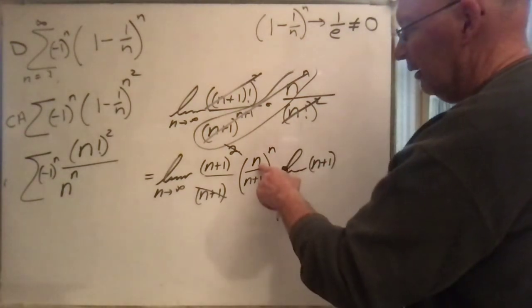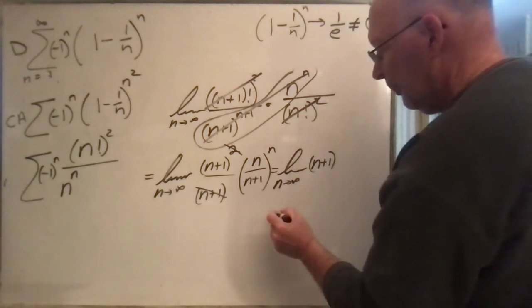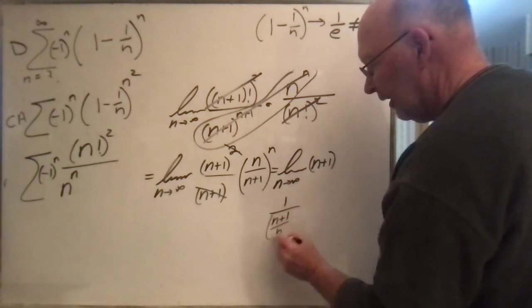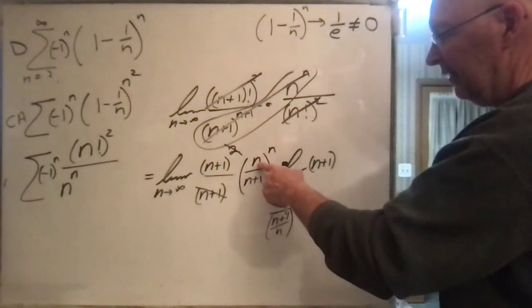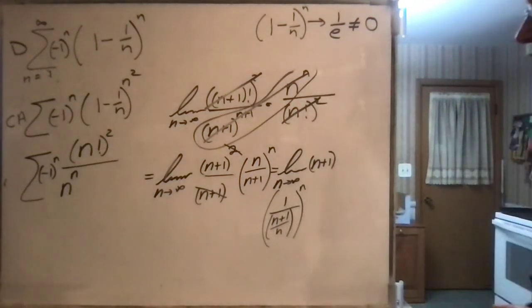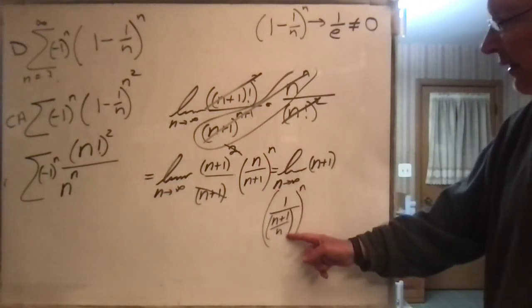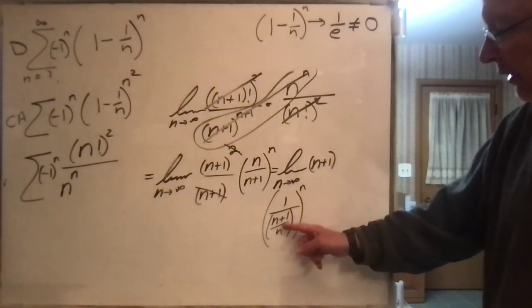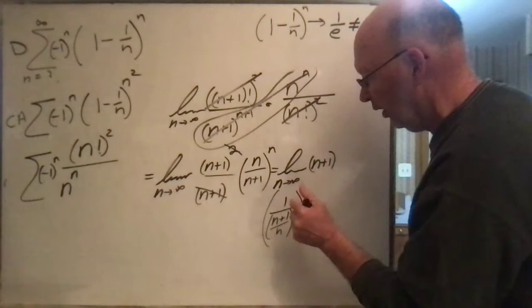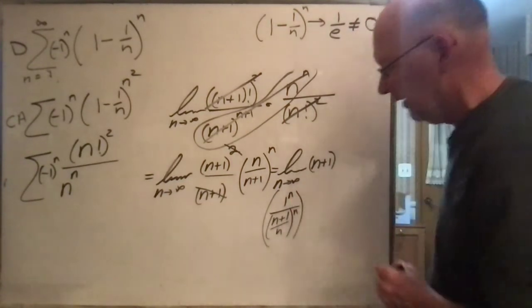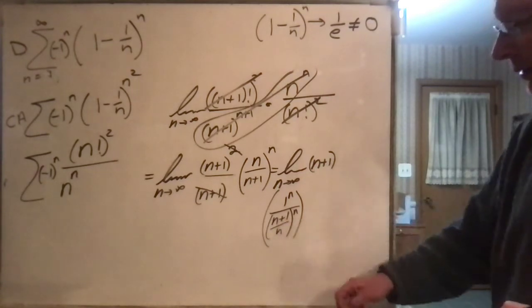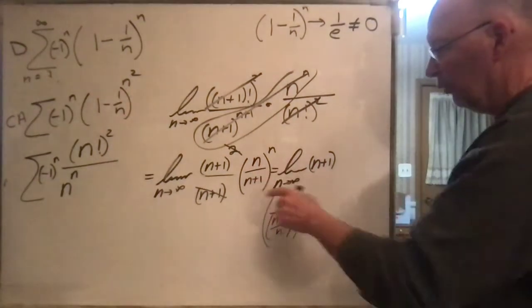This thing right here, notice, is the reciprocal of 1 plus 1 over n to the n. See that? So I could write this thing all like this if I wanted to. Why would I want to write this like this? Because this thing right here I know goes to e, right? Because now it's 1 to the n over this thing to the n. And this thing right here goes to e because that's 1 plus 1 over n right there. Okay? So this goes to 1 over e.